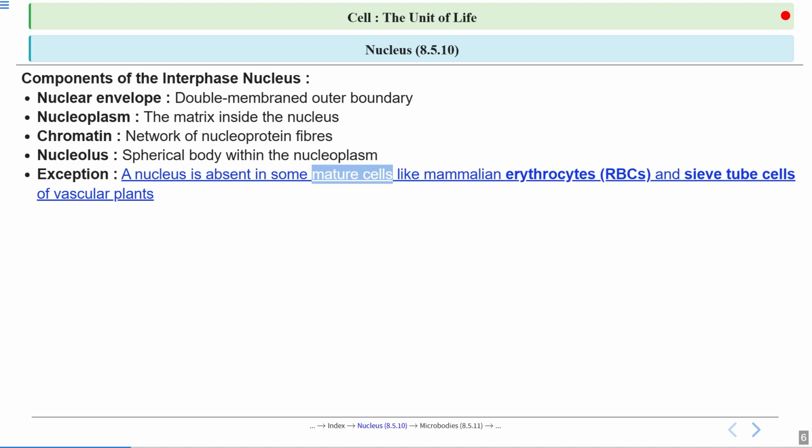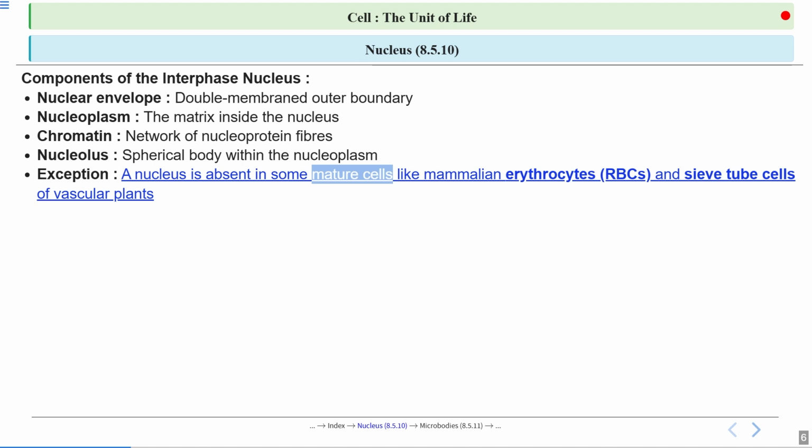Initially these RBCs have the nucleus, but when they mature, they lack the nucleus. Why do they lack a nucleus? So that there is more space for oxygen transfer. More space is occupied by hemoglobin, to which the oxygen can attach.